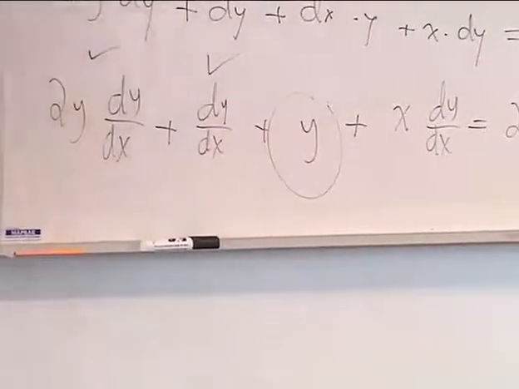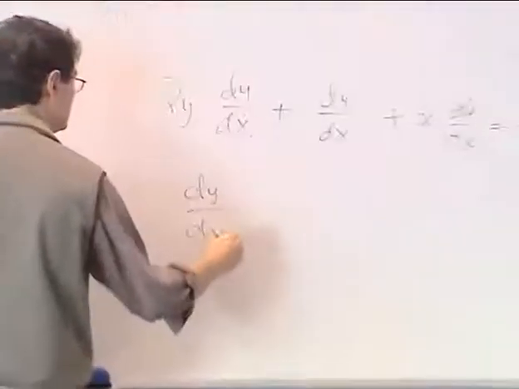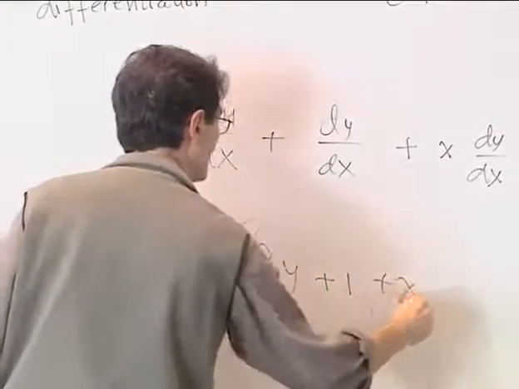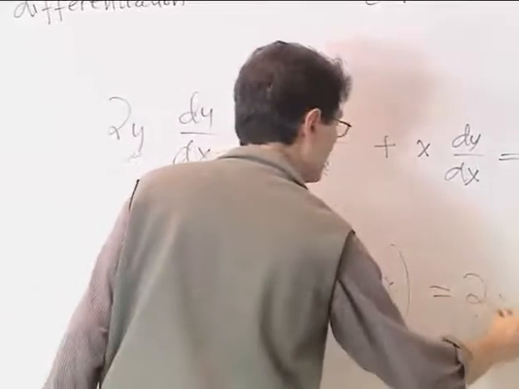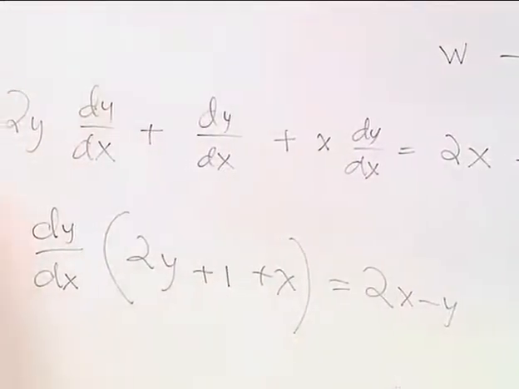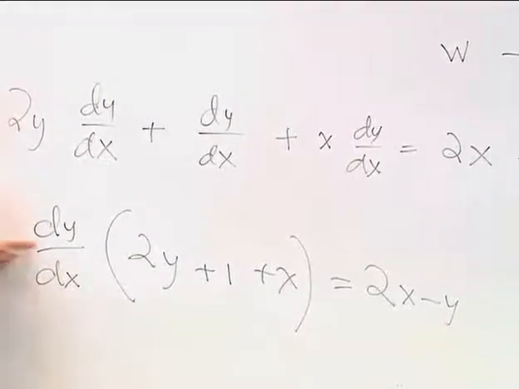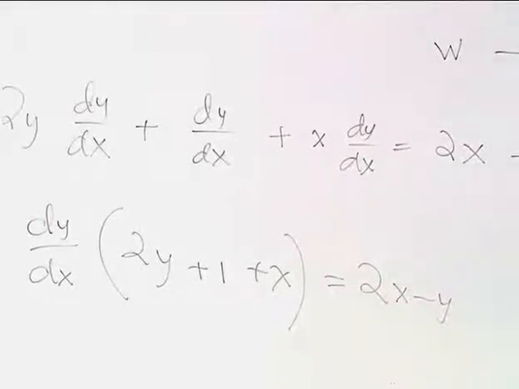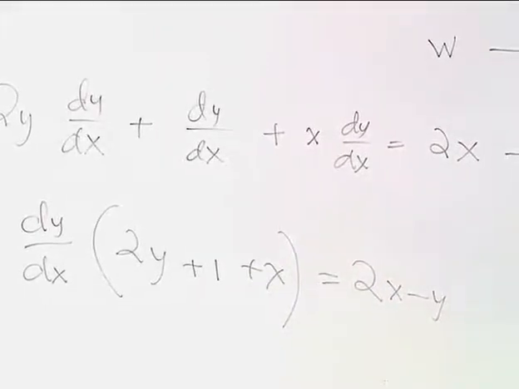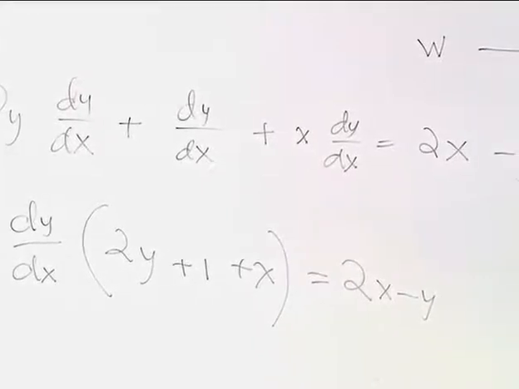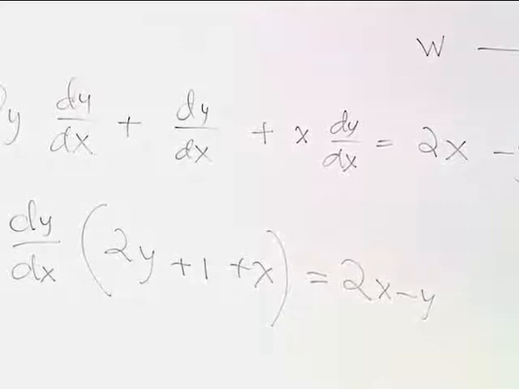Factor the dy dx, and I'll divide by that quantity to find that dy on dx is 2x minus y over 2y plus 1 plus x.